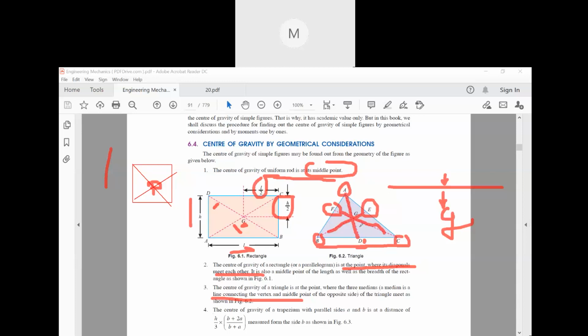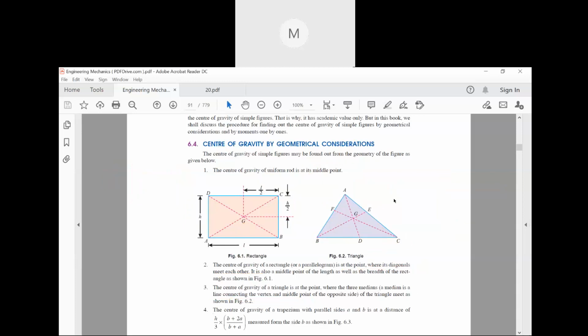In this way, the point at which all these three lines meet is called the center of gravity of the triangle. Okay.